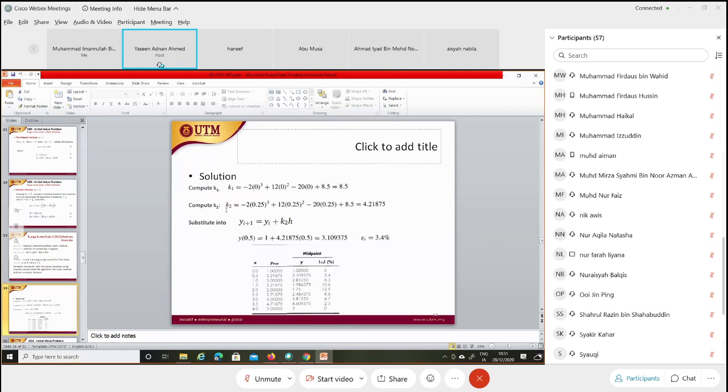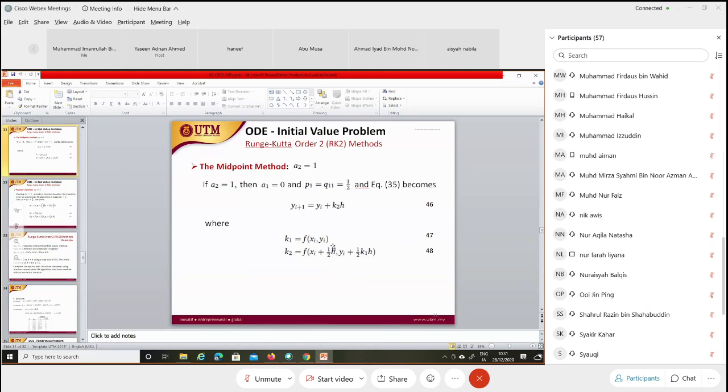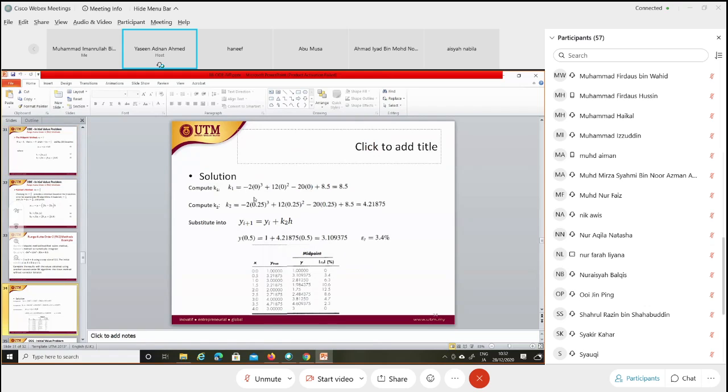Similarly, when you consider k2, which method are we using? The midpoint method, right? So k2 is actually, instead of considering x, we consider x plus half h. And instead of considering y, in this case, we are considering yi plus half k1h. So you need to calculate these values, okay?